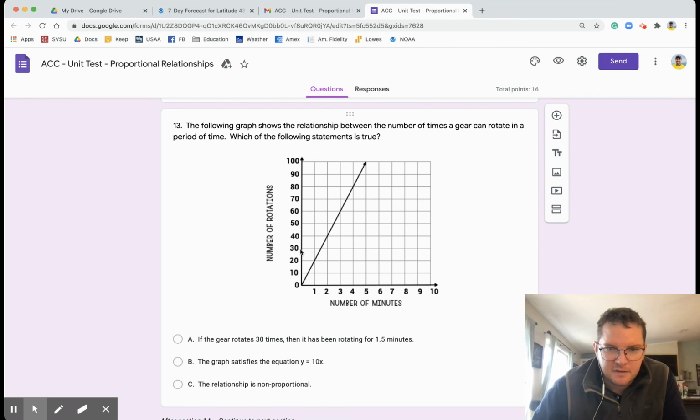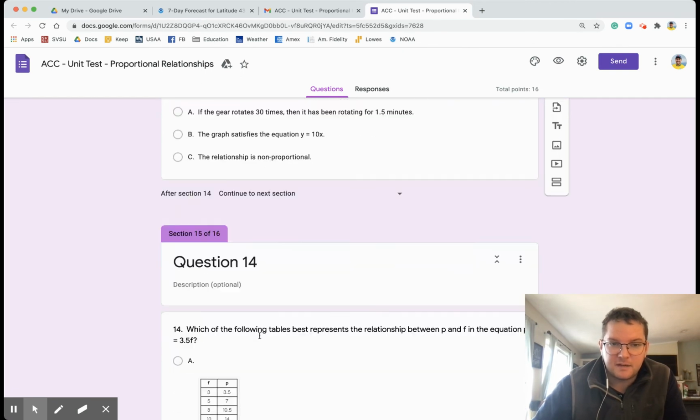So I'm just going to go 30. Yeah, that's about right. The graph satisfies the equation y equals 10x. The relationship is non-proportional. Well, that's not true because it's going through there. So I think it would be that one, guys.